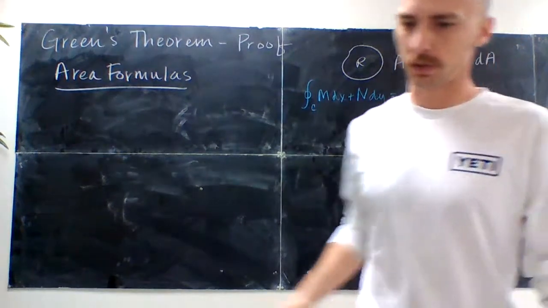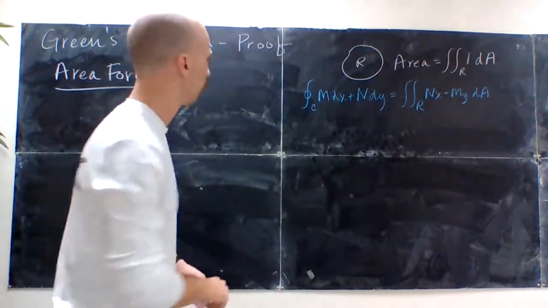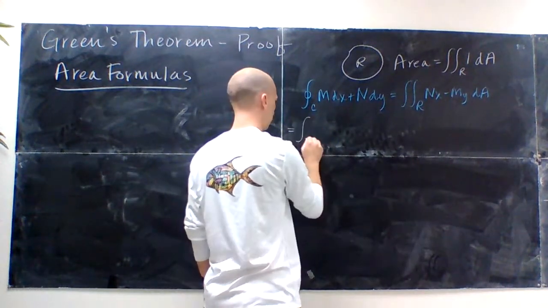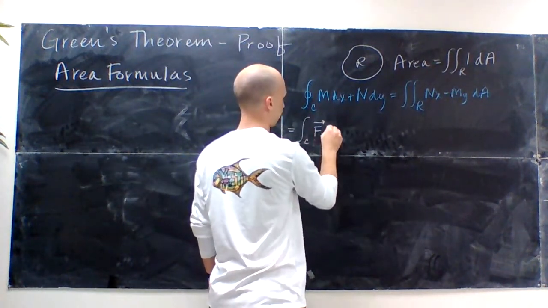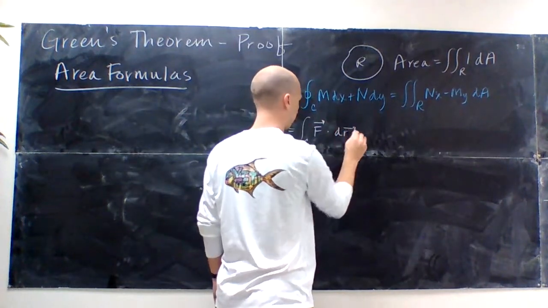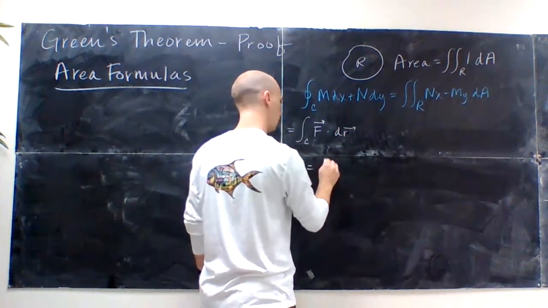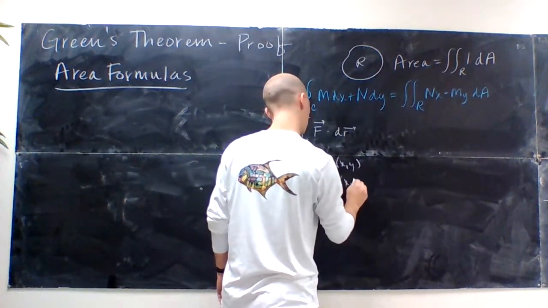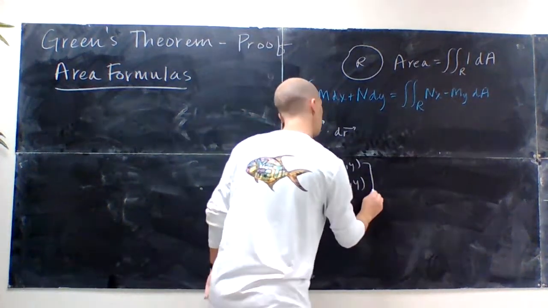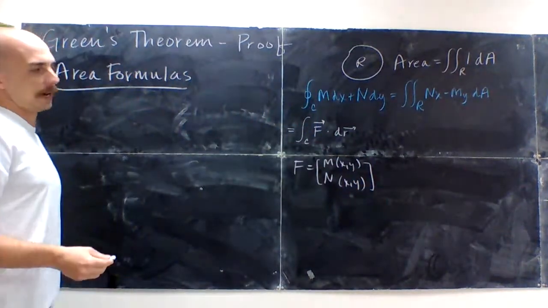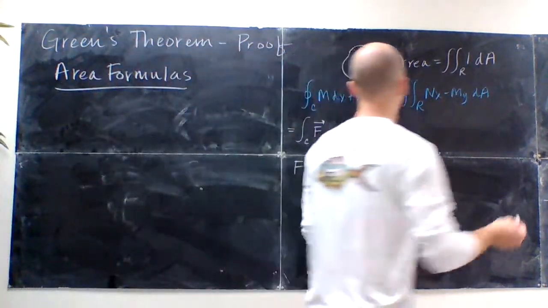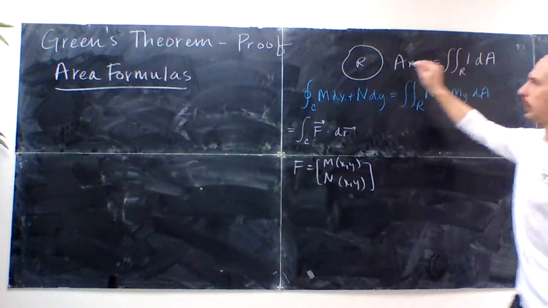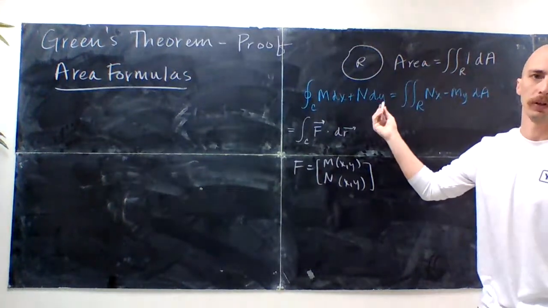And I'll just remind you, because it's been a minute since I've pointed this out, that this is the integral over C of F dotted with dr, where F is equal to M and N, and M and N are both functions of x and y. So the idea here is to find something where Nx minus My equals 1, and then we can just integrate F dotted with dr around the boundary to find the area.